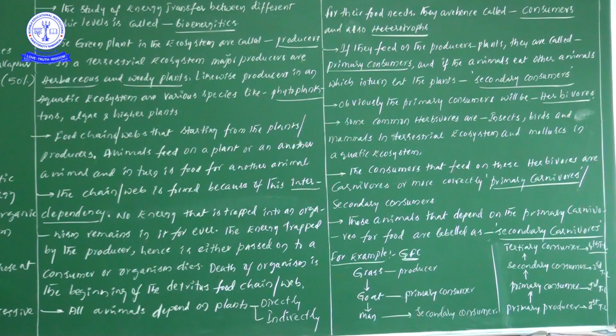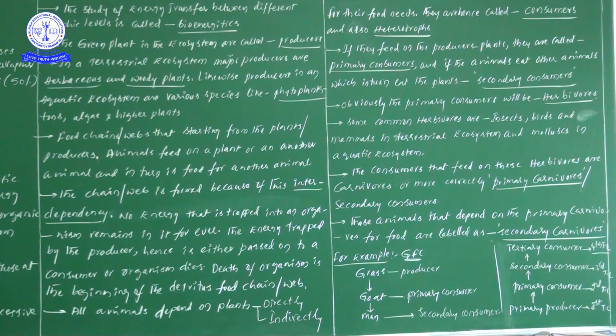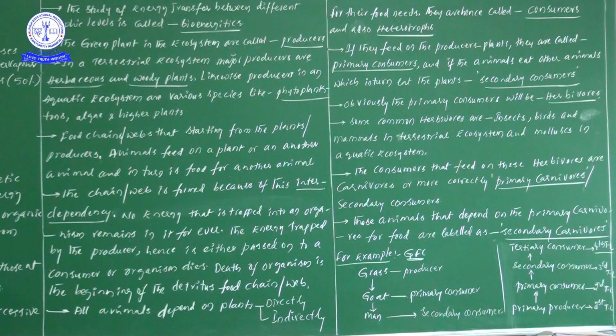Here, the organisms or animals that depend on the producers or on the plants, such organisms we simply call consumers, also known as heterotrophs. This point we know very well. Heterotrophs or consumers are organisms that simply depend on the plants directly or indirectly.